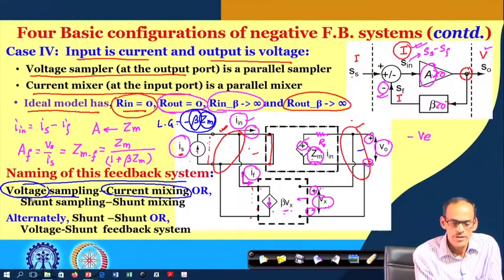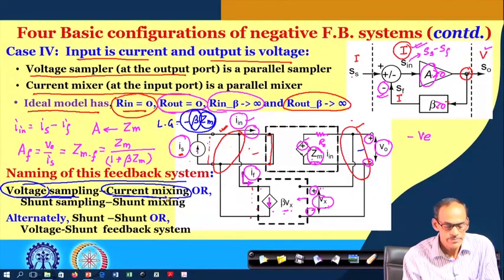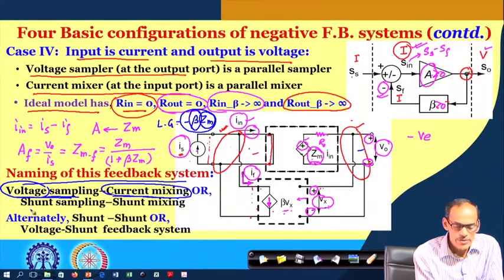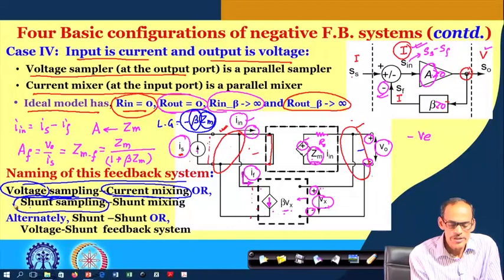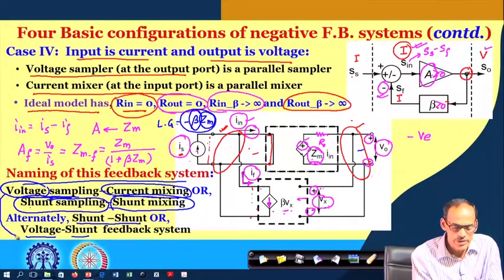So, we can say that this feedback configuration has voltage sampling and current mixing, or whenever we are sampling the signal in the form of voltage, it is shunt sampling, and current mixing is shunt mixing. So, we can say this is shunt feedback configuration, or voltage shunt feedback configuration.